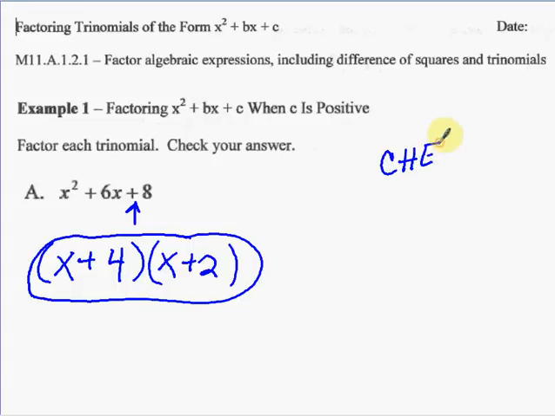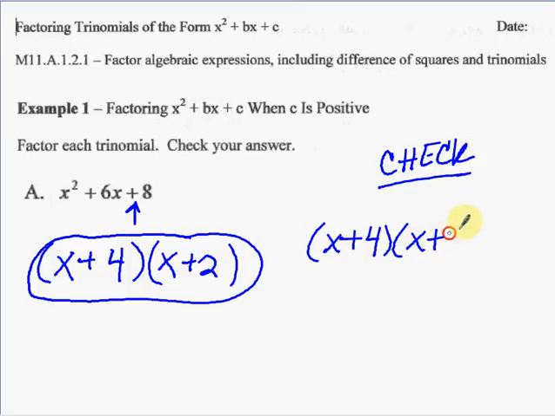So over here we do the check. And when we check, we just go backwards. So let's take our answer, or what we think is the correct answer. And I would say this as the quantity x plus 4 times the quantity x plus 2. Whenever I say quantity, that means it's in parentheses. Alright, so let's do this checking here. Since factoring is the opposite of multiplying, we're going to multiply to check.